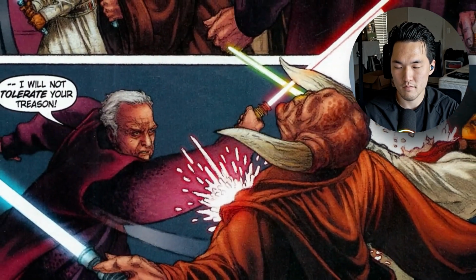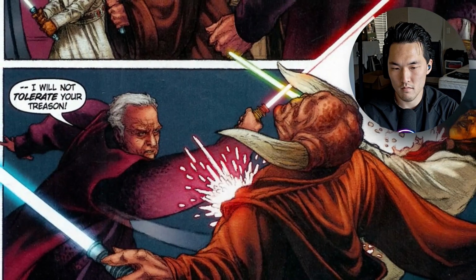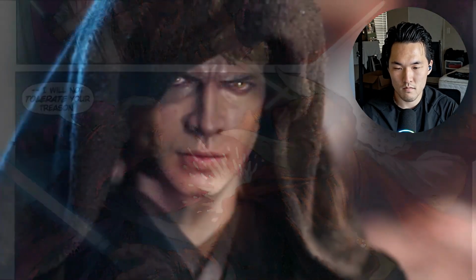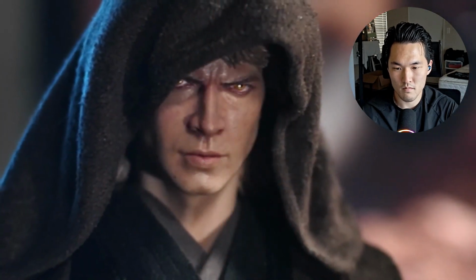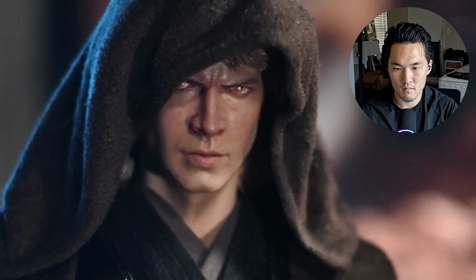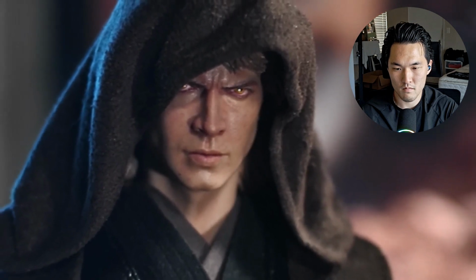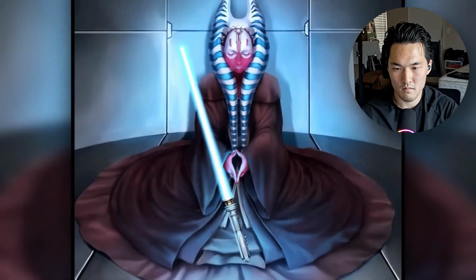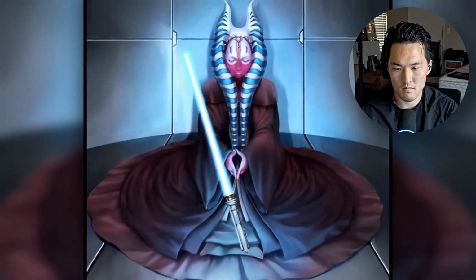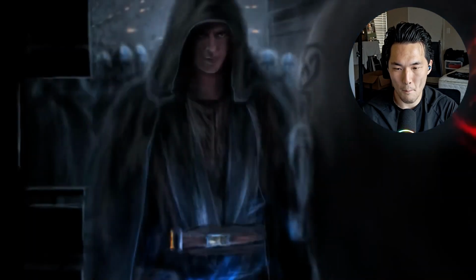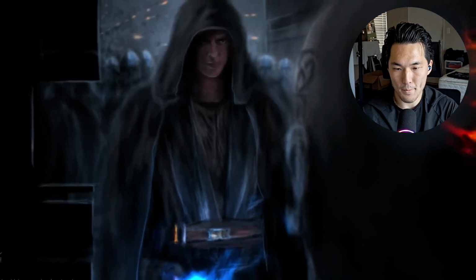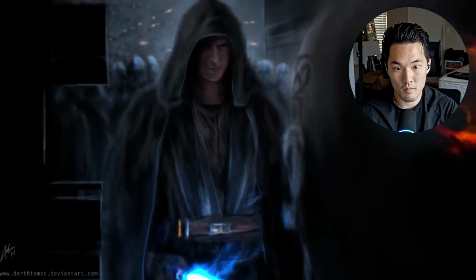Having sensed that his fellow masters had been killed by Palpatine earlier, Jarok asked what had happened. Anakin ignored his question, instead demanding where Shaak Ti was, as she was the only Jedi still at the temple that posed any real threat to him. Jarok answered Anakin, telling him that she was at the meditation chambers. Getting the information he needed, Anakin then cut down the gatekeeper and moved on into the temple.